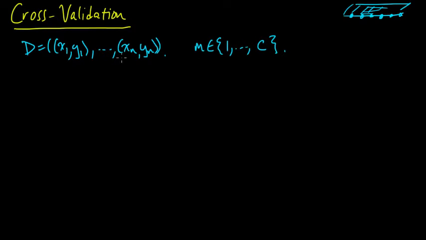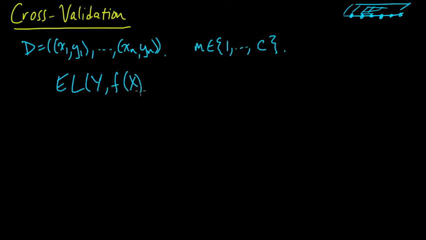So we want to choose one of these models that's going to do well for this problem. And if we're thinking from a decision theoretic point of view, which we are, then we want to minimize our expected loss. So we assume some loss function, L, and we want to minimize the expected loss for a new y and x.